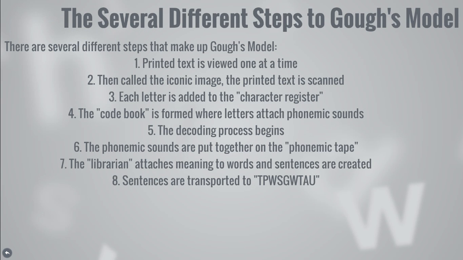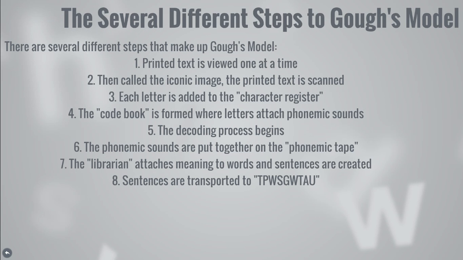Gough's model can get very, very confusing, so I broke it down into these 8 different steps and I'll explain them. First, you have printed text that is viewed one letter at a time. So you just have a word you're reading and you see it one letter at a time.